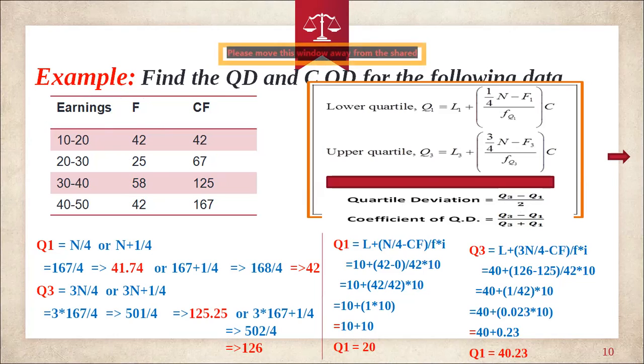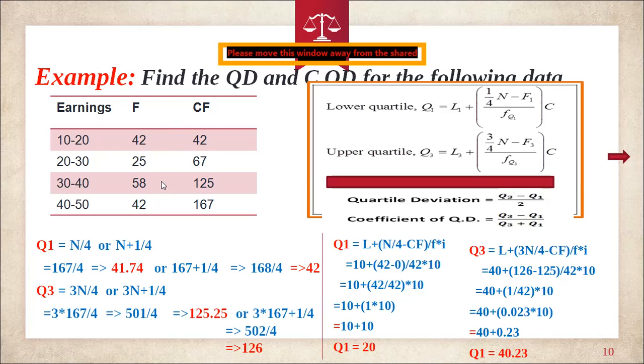Cumulative frequency is nothing but adding up the simple frequencies. 42 as it is, then 42 plus 25 is 67, 67 plus 58 is 125, 125 plus 42 is 167. So we add up the simple frequencies. The simple frequency is over, clear? How can we calculate a simple frequency?